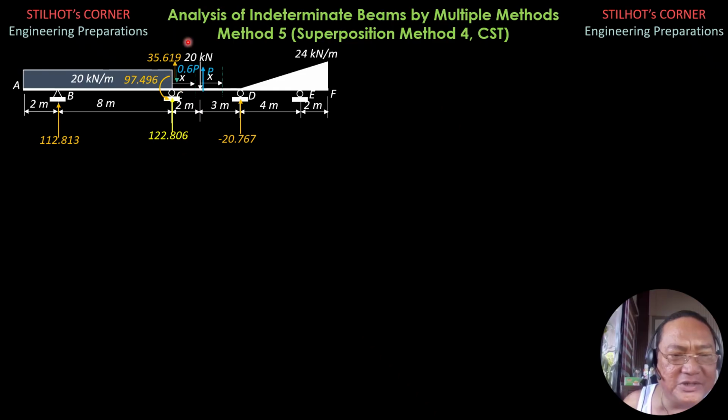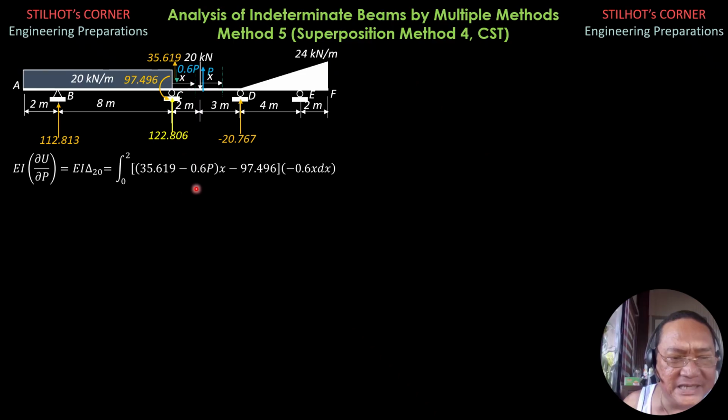So the moment equation in this section, EI partial of U with respect to P is now EI delta 20, and it is equal to integral from 0 to 2 of 35.619 minus 0.6P times X, then minus 97.496, then the derivative with respect to P is negative 0.6X dx.